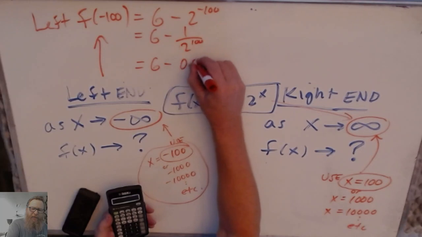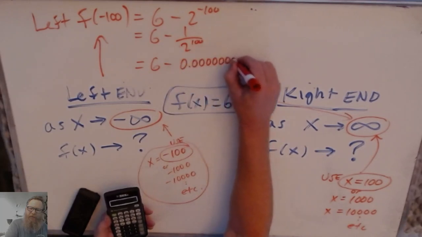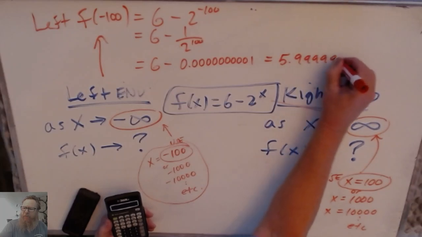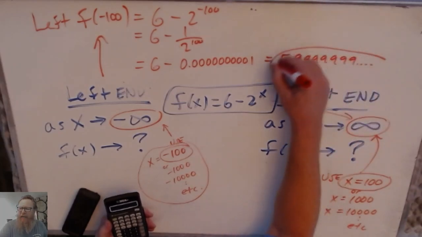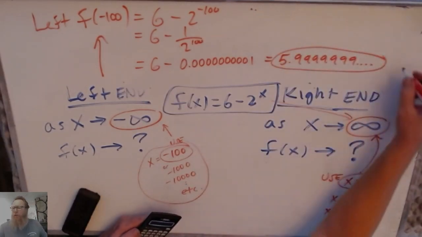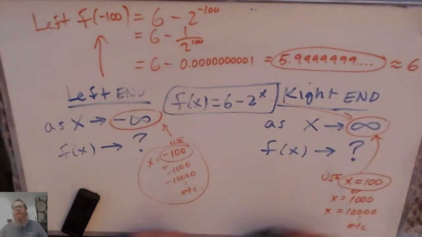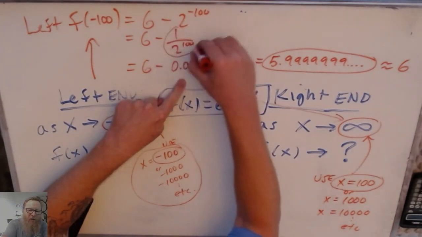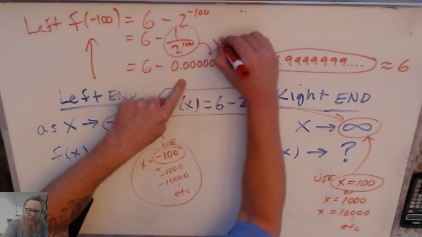You're going to get 0, 0, 0, 0, 0, 0, 0, 1. So you're going to get 5.999999, which is basically 6. This number is so small.